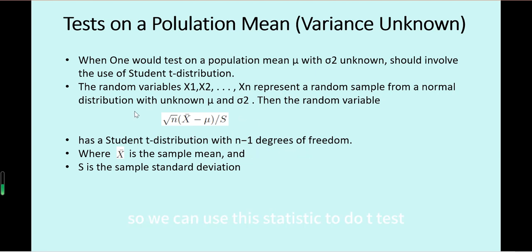So we can use this statistic to do a t-test of the population mean when the population variance is unknown. Because we do not know the population variance, we have to use the sample variance and the sample standard deviation instead.